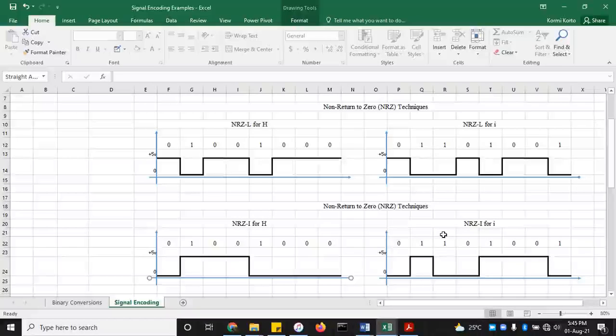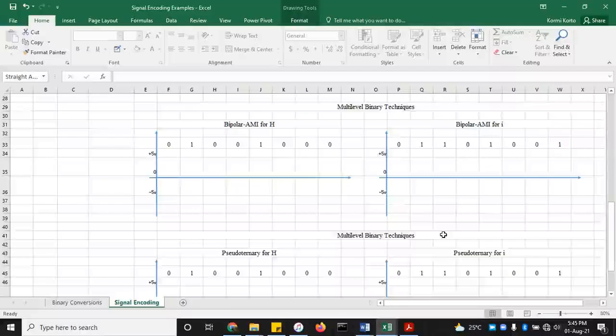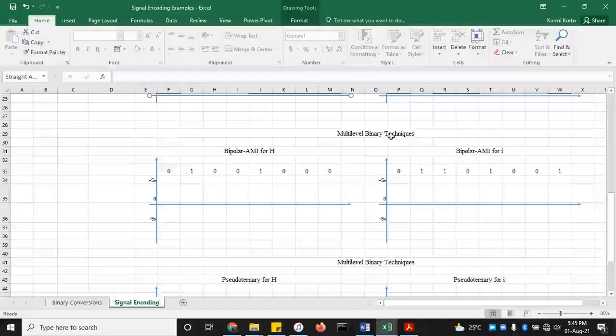Okay, now let's move on to the next technique, which is the multi-level binary. The word multi-level means we're going to be switching between two different voltage levels. That's why you have a plus and a minus.